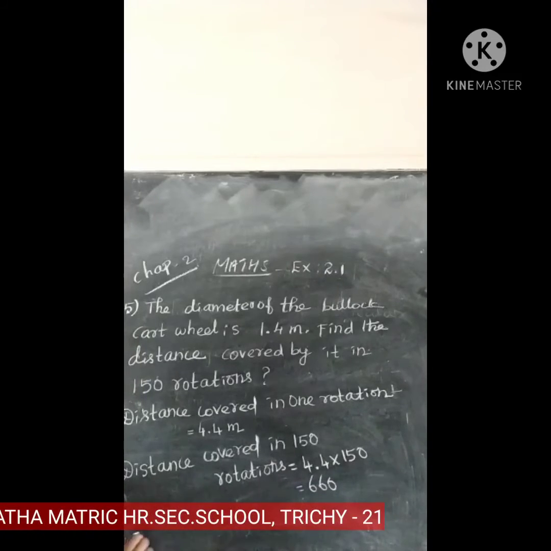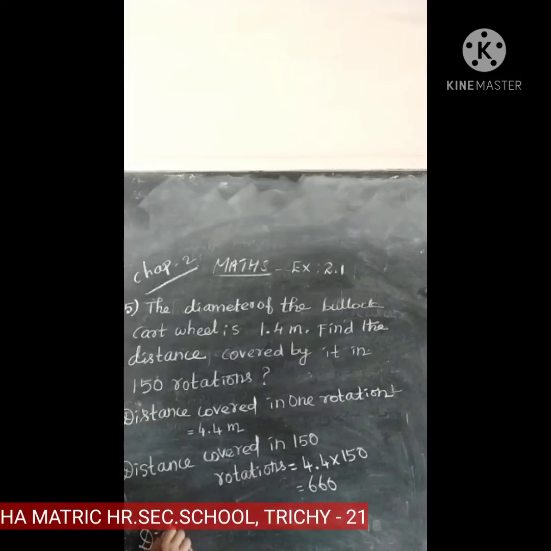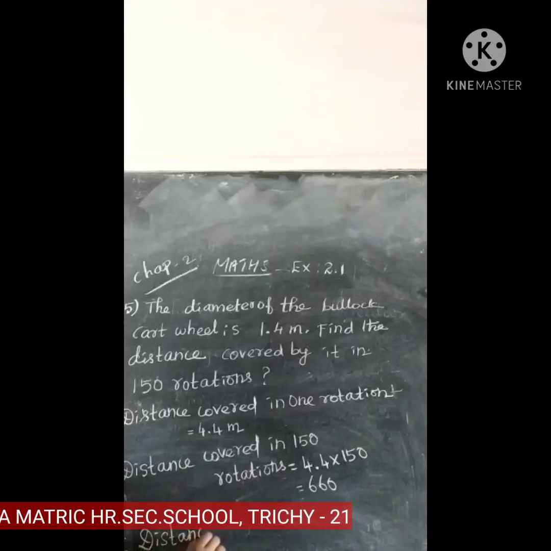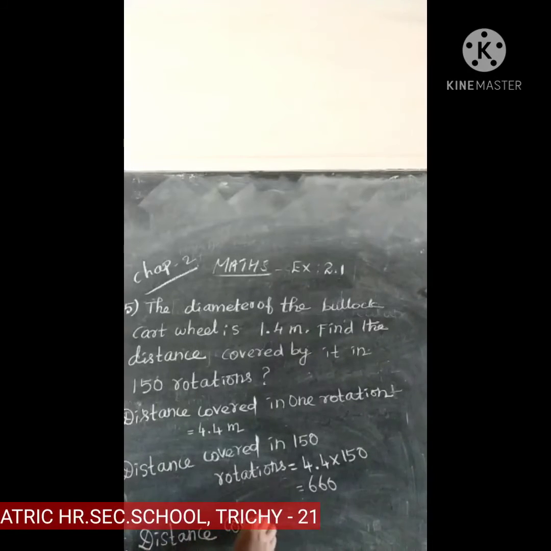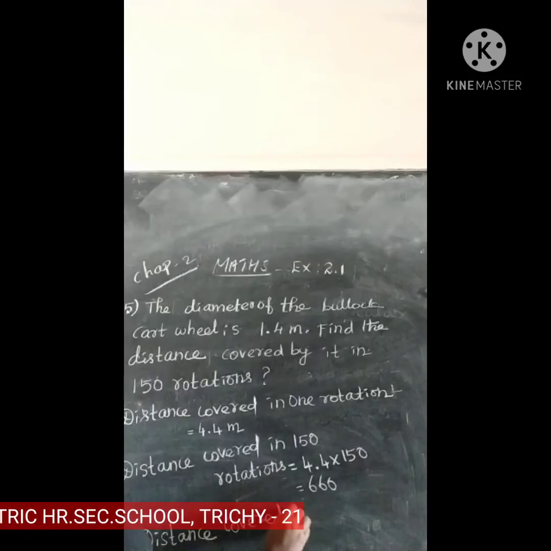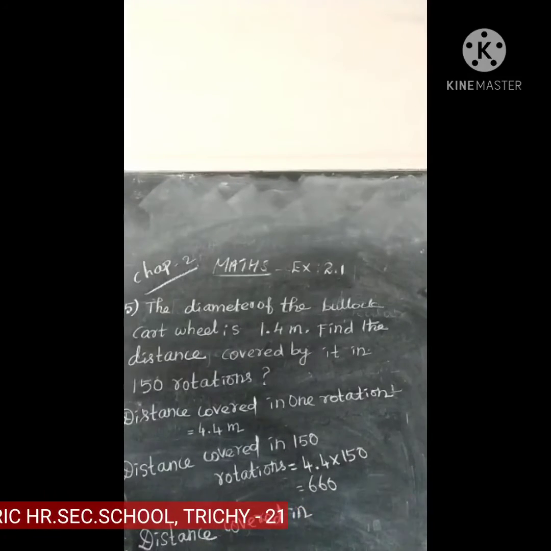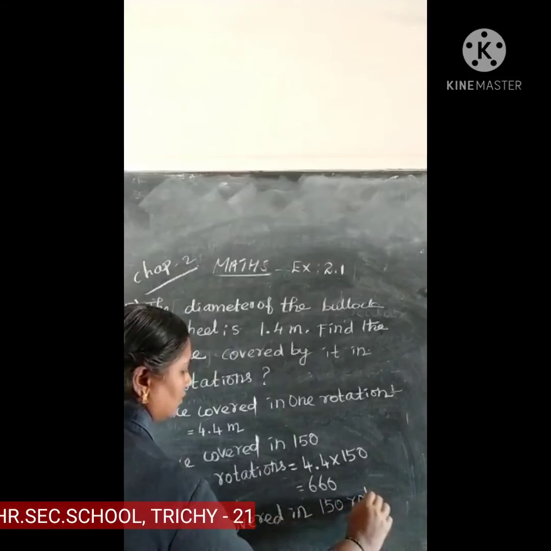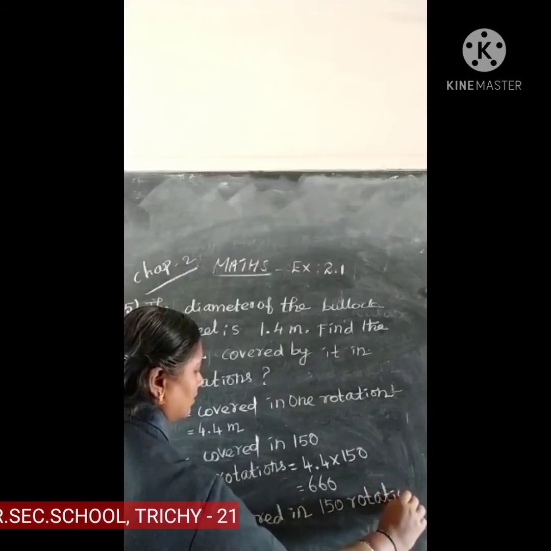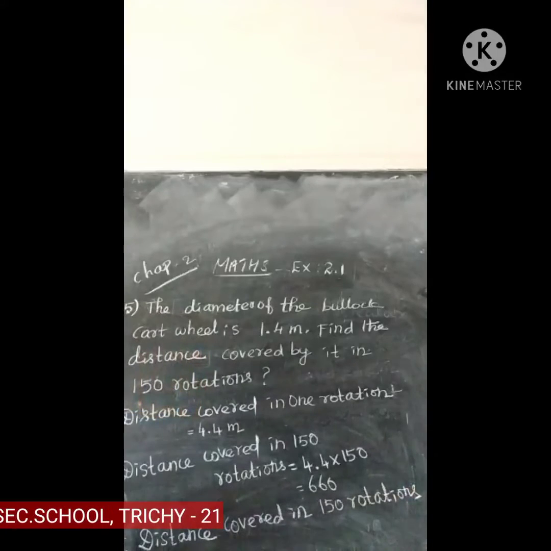So therefore we write the solution: distance covered in 150 rotations is equal to 660 meter.